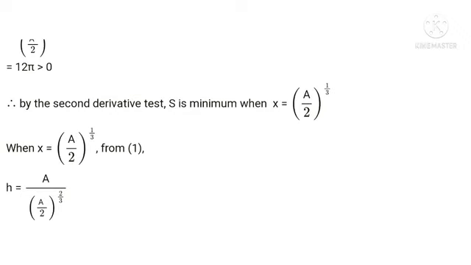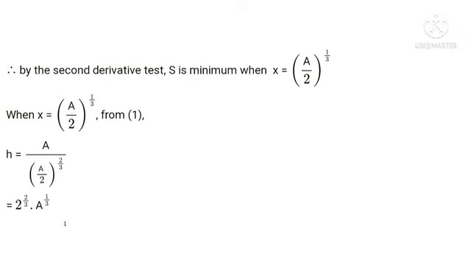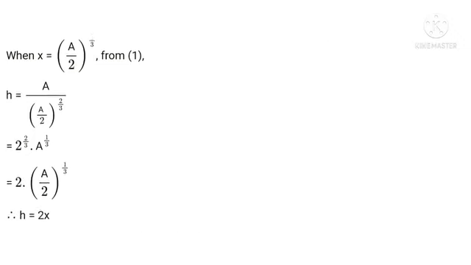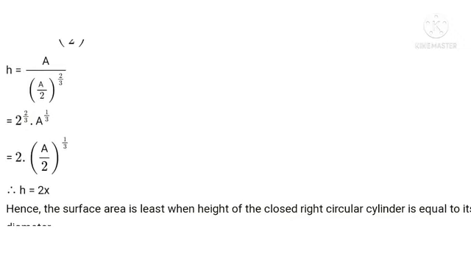Now you put the value of x as A by 2 raised to 1 upon 3. You get h is equal to A upon A by 2 raised to 2 by 3. That is 2 raised to 2 by 3 into A raised to 1 by 3.